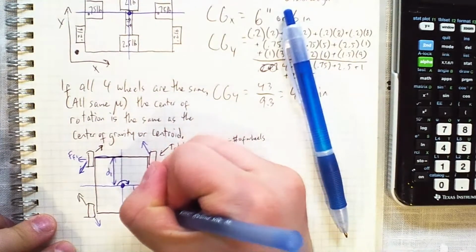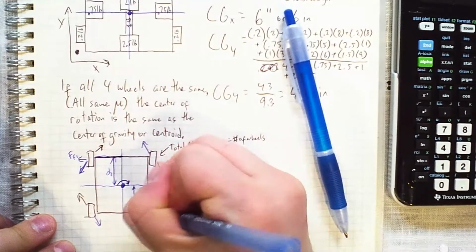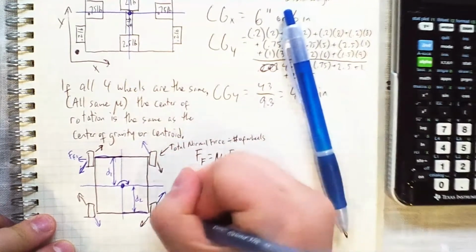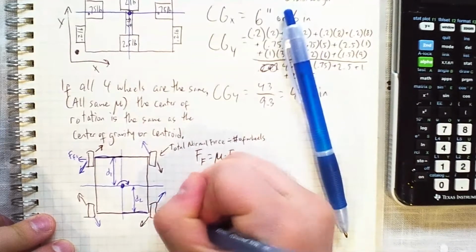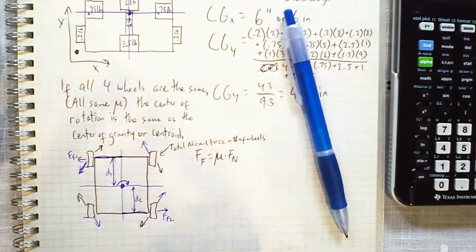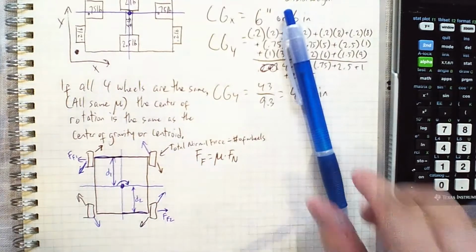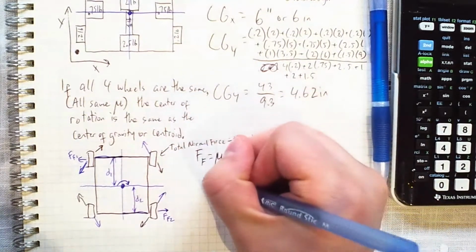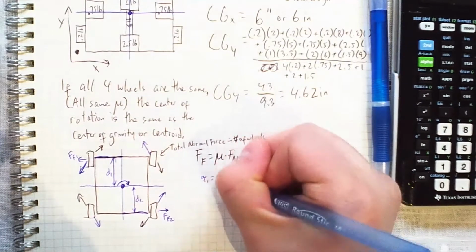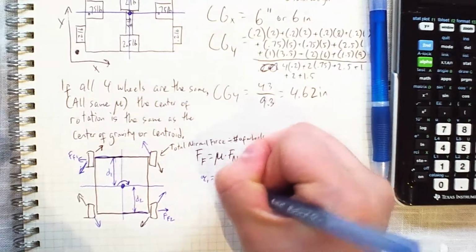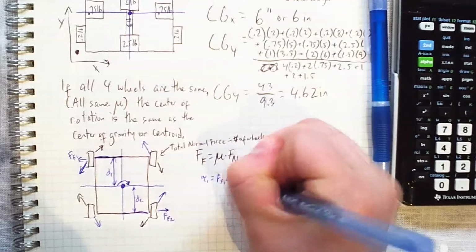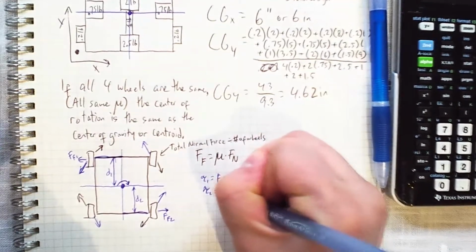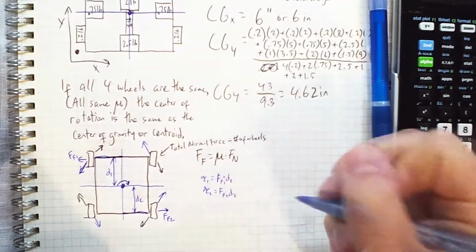There's a distance, call it distance 2, and a frictional force that's resisting our turning, call it frictional force 2. So when you turn, we have two torques. Torque 1 is going to be equal to frictional force 1 times D1. And torque 2 is equal to frictional force 2 times D2.